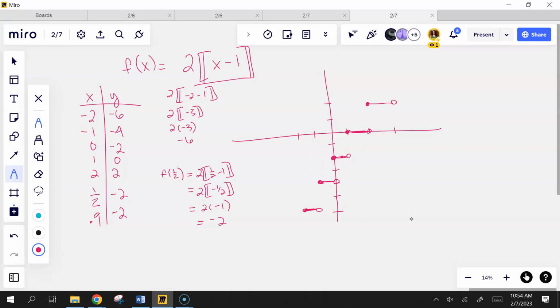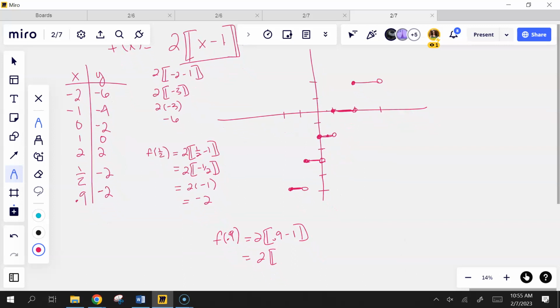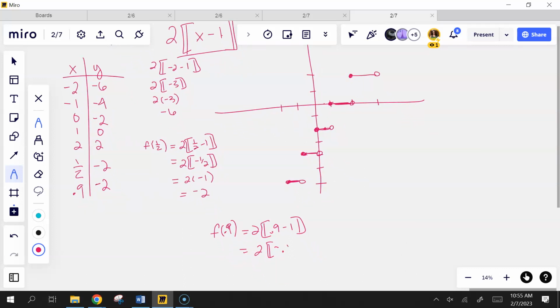If I put 0.9 in, right? F of 0.9. 2 times 0.9 minus 1. What's 0.9 minus 1? Negative 0.1. If I round that down to the closest integer, negative 1, so it would give me negative 2.